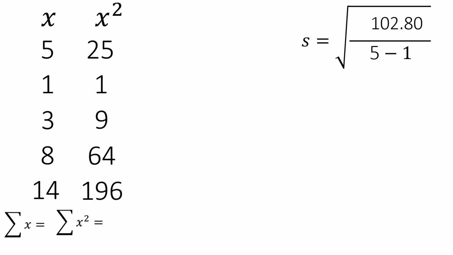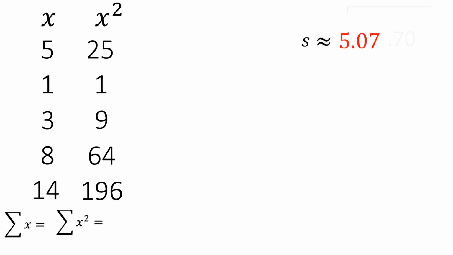And then subtract 5 by 1, which is 4. And then divide 102.8 by 4 is 25.7. And then get the square root of 25.7. So that's approximately equal to 5.07. So which is exactly the same answer with the common computation.